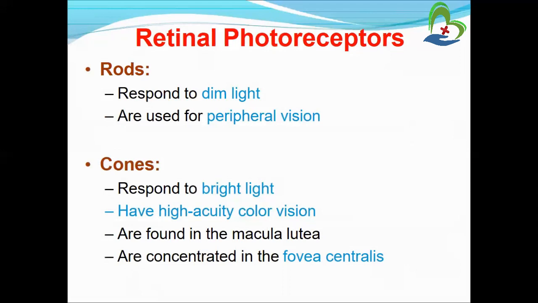Cones have high acuity color vision, are found in the macula lutea as we discussed in the previous session, and are concentrated in the fovea centralis. So cones are activated in bright light and rods in dim light. These are the retinal photoreceptors.